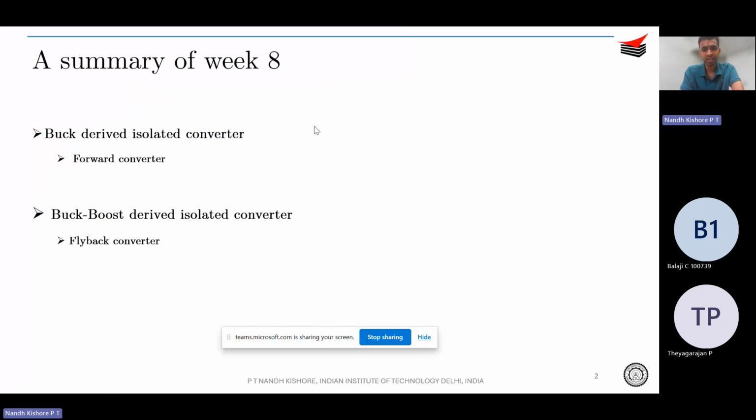As you might have studied in the lecture slides, the forward converter is kind of an isolated buck converter, where you derive the topology from the conventional non-isolated buck converter by introducing an isolation stage. The same applies for the flyback, wherein you derive the flyback converter by introducing an isolation stage. We will not be going into the theoretical aspects of that. We will jump right ahead into the problems.